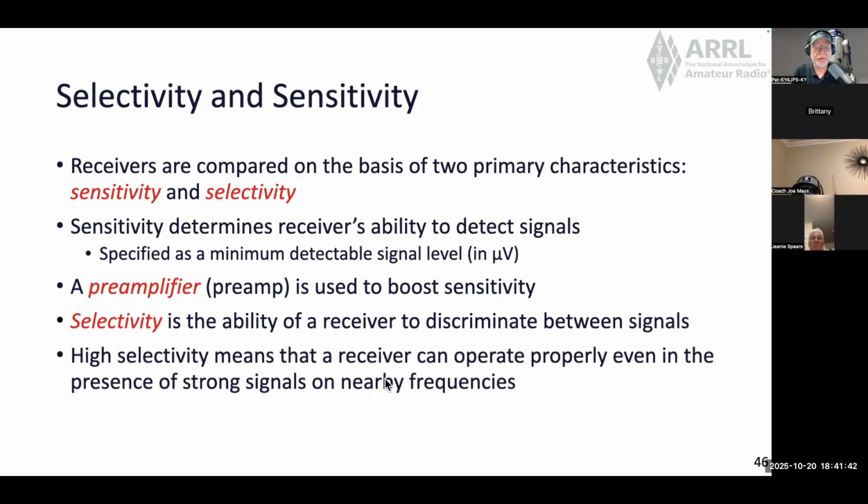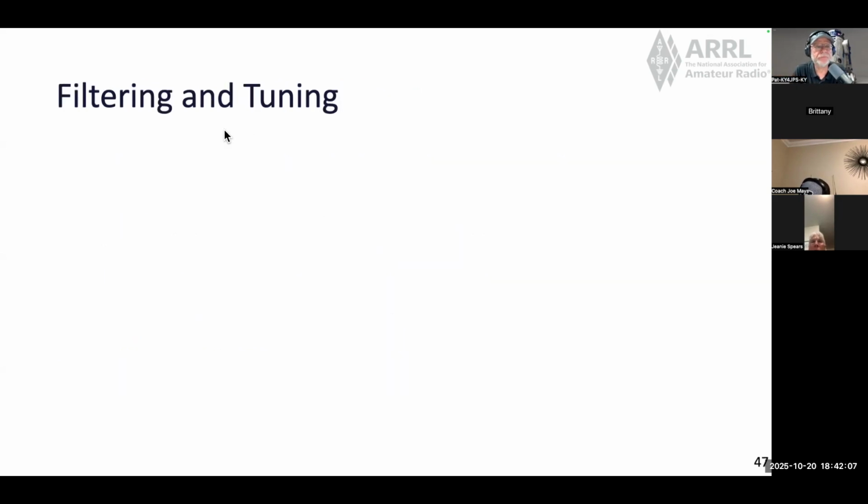High selectivity means that the receiver can operate properly even in the presence of strong signals on nearby frequencies. So when I'm on my HF rig, sometimes I will get a strong signal right up against the frequency I'm on, but because of my radio, it can kind of keep that frequency from interfering with the frequency that I'm on.